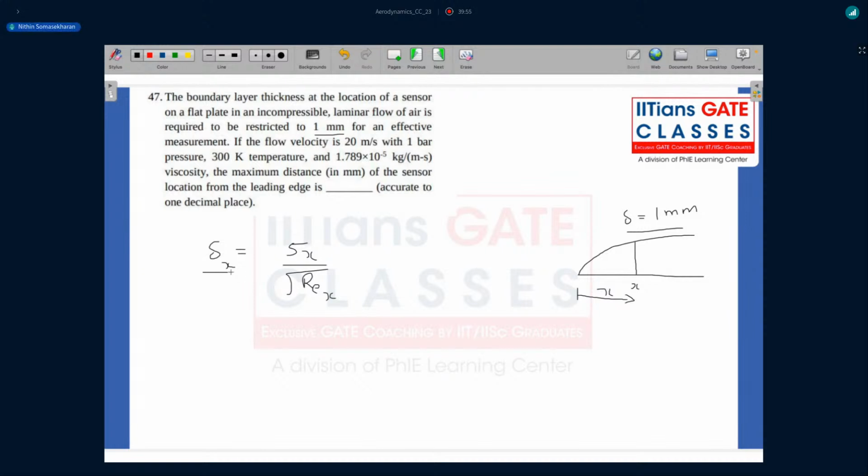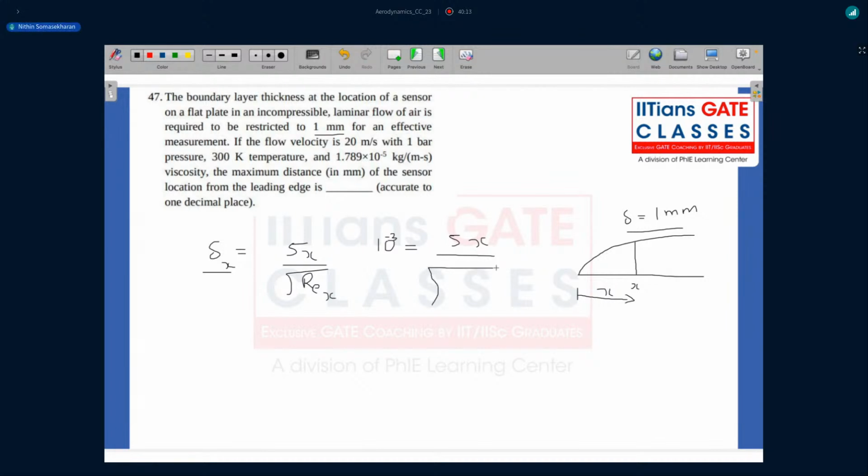And we know that the boundary layer thickness that we want to restrict it to is 10 power minus 3. We're just converting millimeters to meters. So the boundary layer thickness that I'm looking at is 1 mm, it's 10 power minus 3. And I'm in fact searching for the value of x that will do that for me.